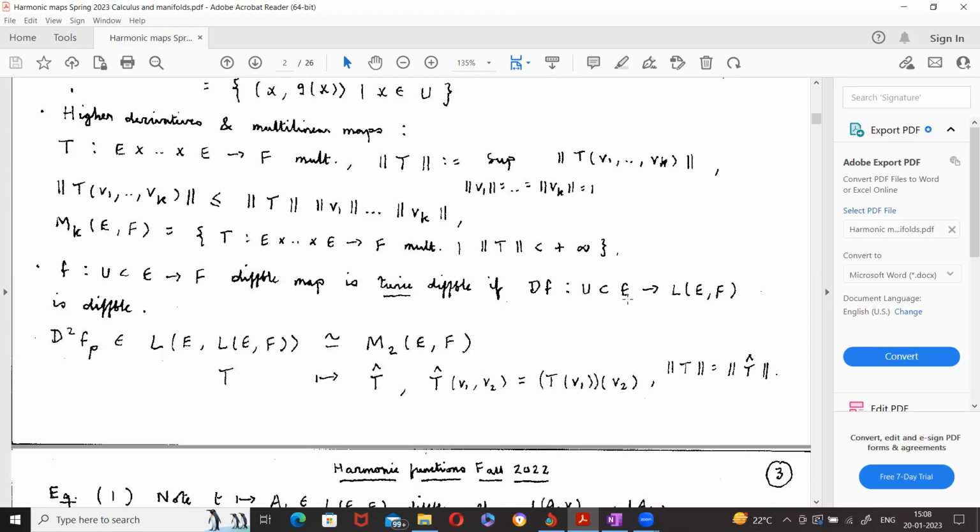So this is now a differentiable map from E into L(E, F). If this is differentiable, then the second derivative is defined to be the derivative of this map, a linear map from E to the space of linear maps from E to F. So the second derivative, D squared f at p, is an element of the space L(E, L(E, F)). Is this clear?